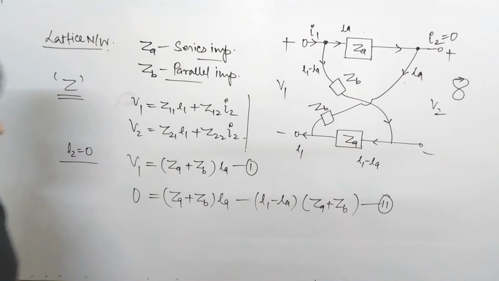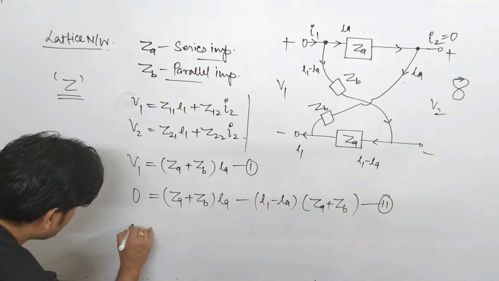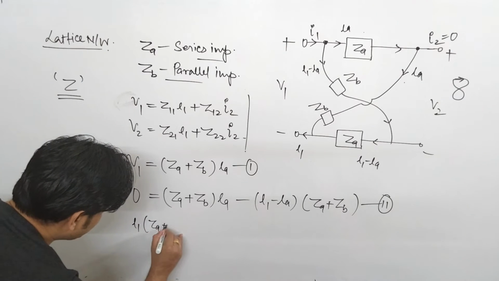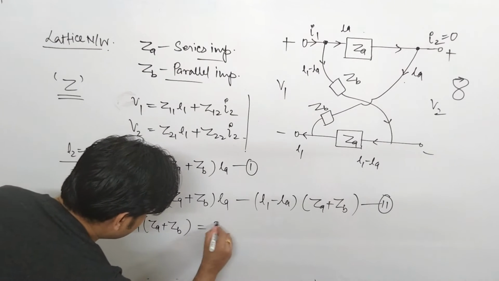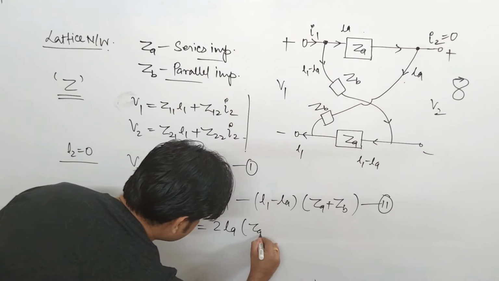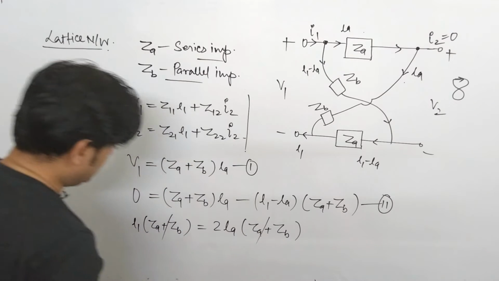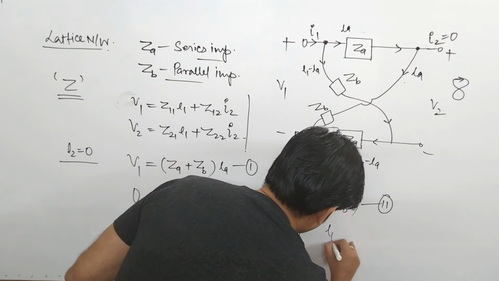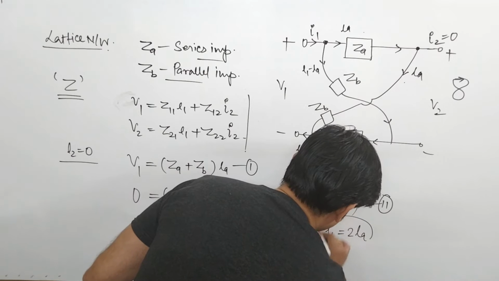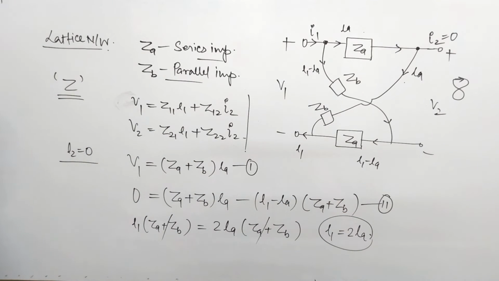Very simple. Now if you rearrange this equation, you'll see I1 into ZA plus ZB is equal to 2 of IA into ZA plus ZB. So if it is cancelled out, from here you can say that the value of I1 is equal to twice of IA. So can you find the first parameter?